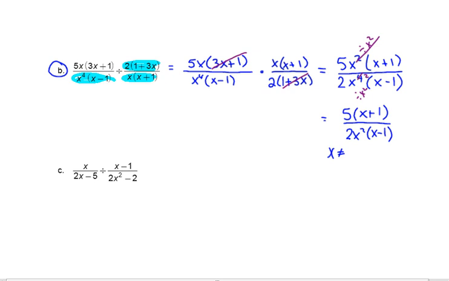Because it's on the denominator here, we flip it, and now the numerator became the denominator. So x can't be equal to 0, 1. What's this going to be? It's going to be a negative 1/3. Good.